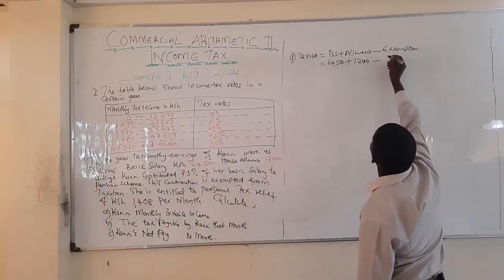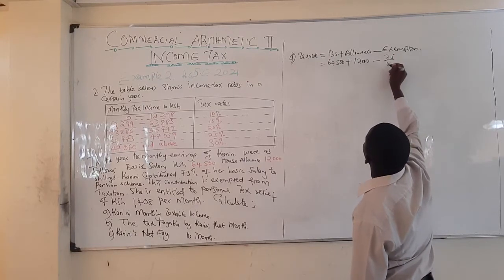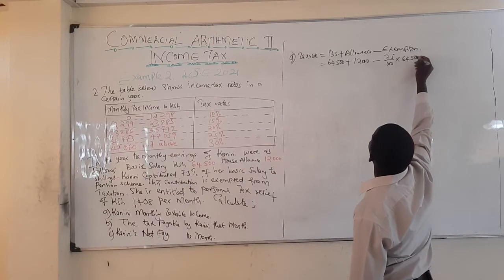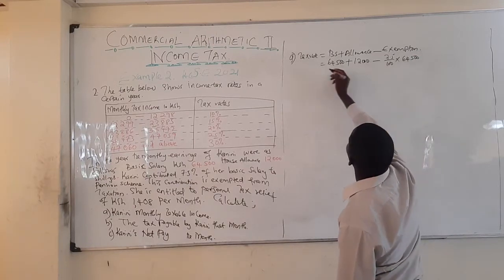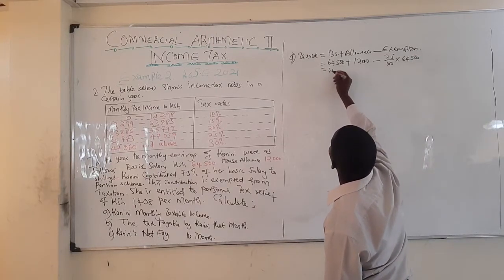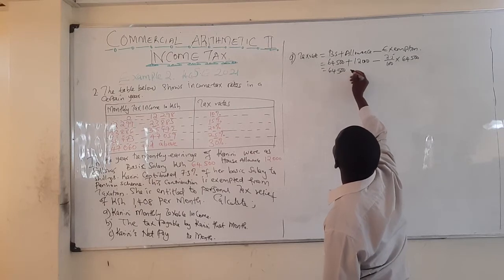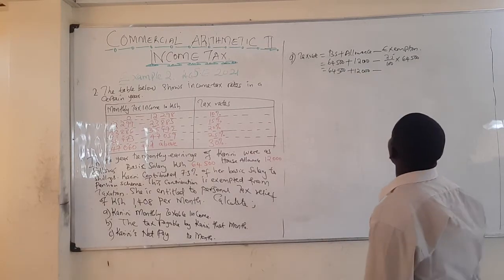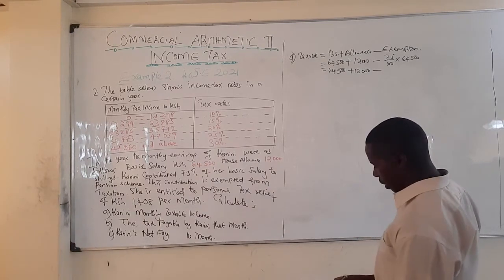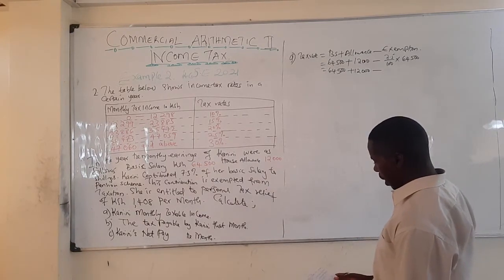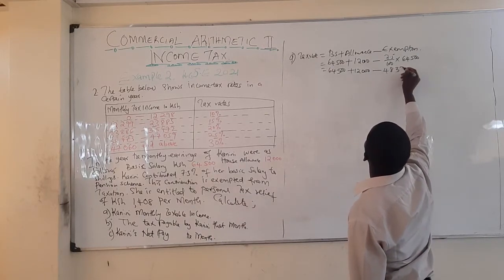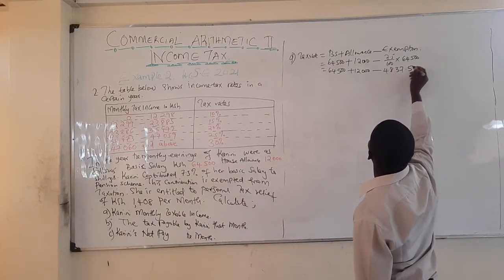So subtract 7.5% of the basic salary, 64,500. This is going to give you 64,500 plus 12,000 minus 7.5% of 64,500, which is 4,837.5.